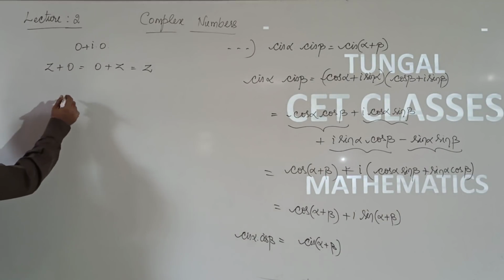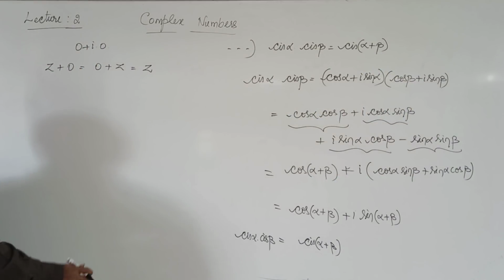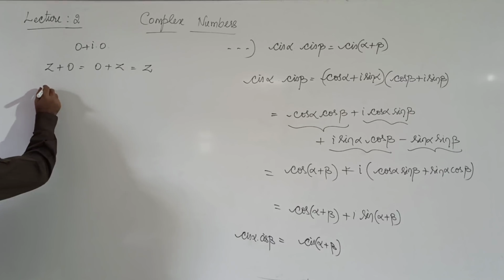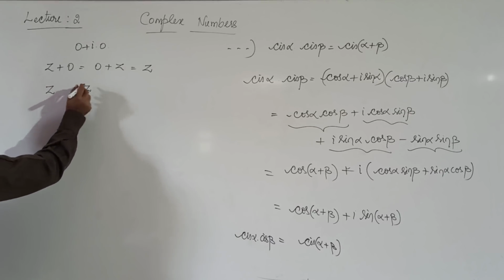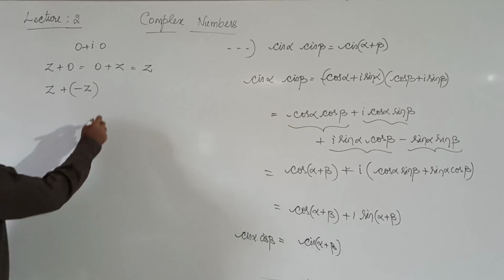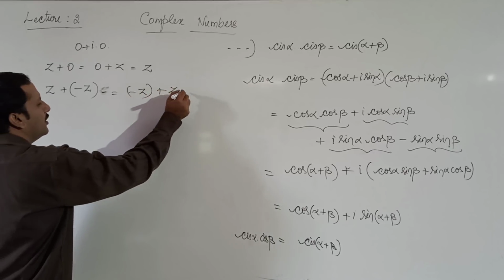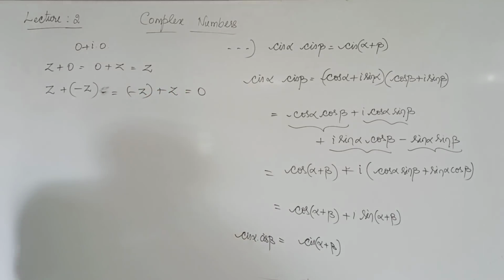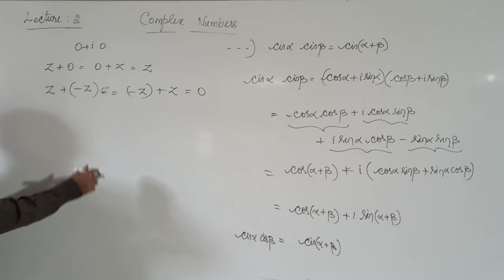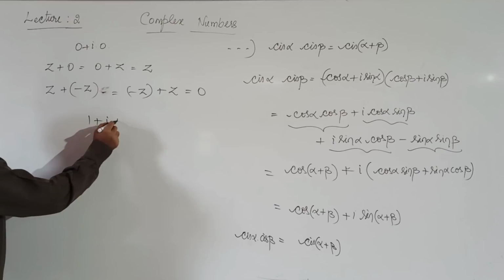Then multiplicative inverse. So if 0 is the additive identity, then the additive inverse for z is minus z, because if I add z with minus z, or you add minus z with z, you will see that the sum is the same. Then multiplicative identity. 1 is called the multiplicative identity. 1 can be written as 1 plus i into 0.